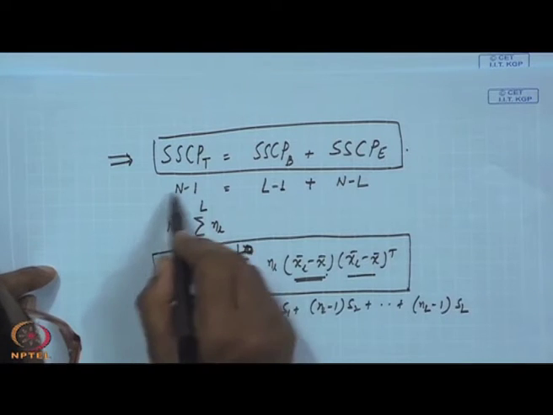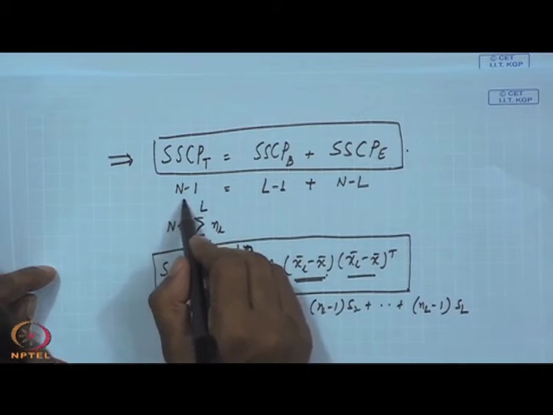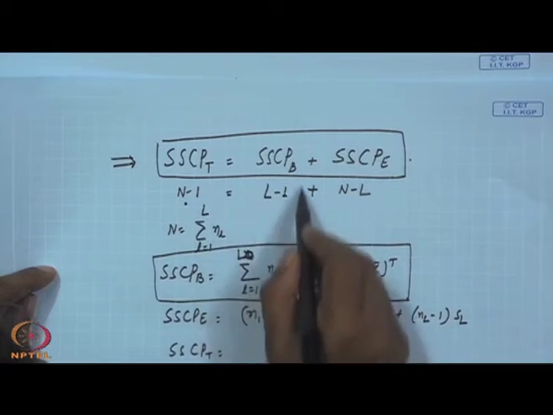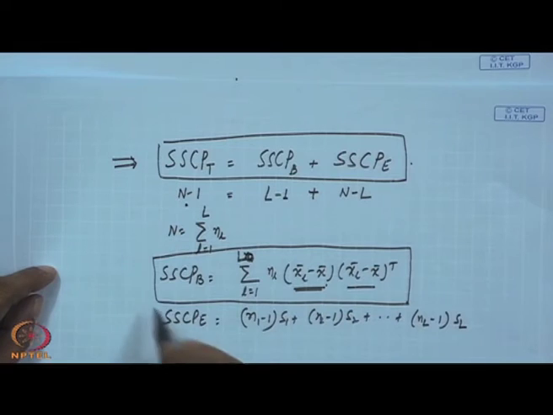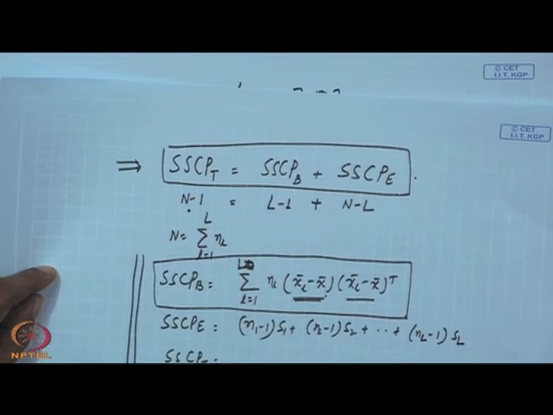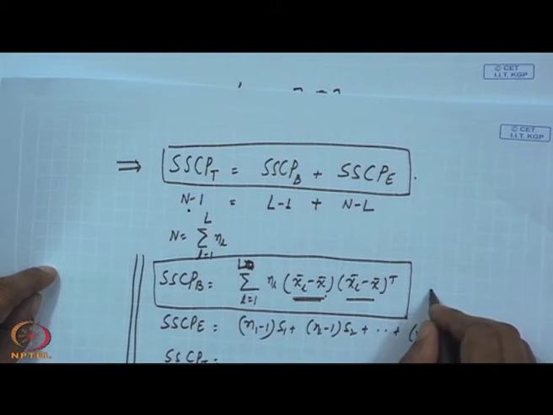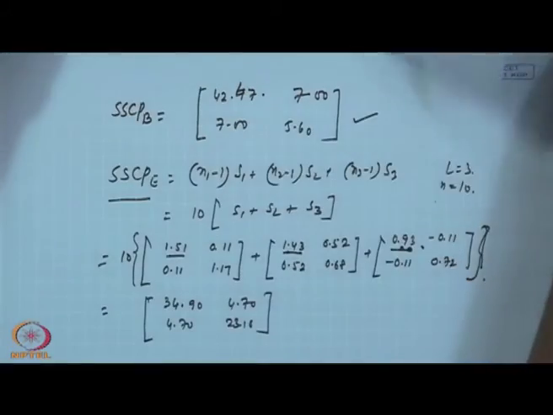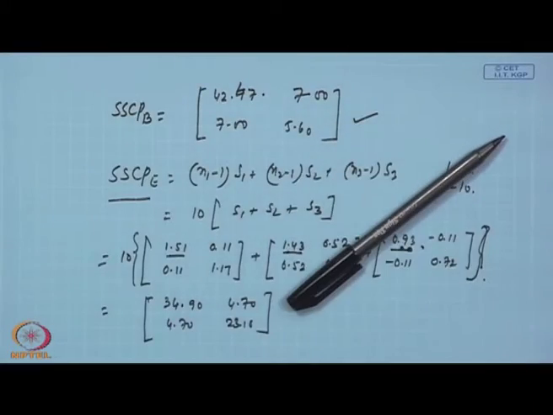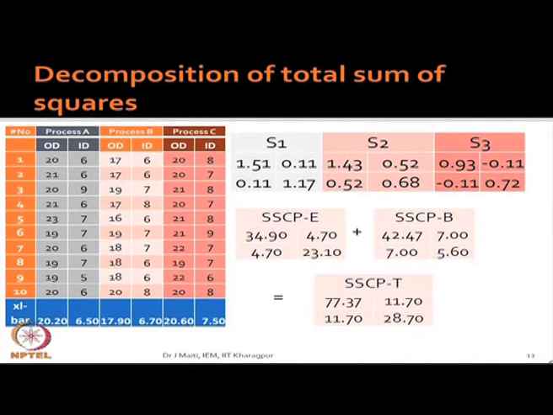We have also seen that the degrees of freedom are n minus 1 for SSCP total, L minus 1 for SSCP between, and n minus L for SSCP E, and these are the computational formulas for SSCP B and SSCP E. Then I gave you this problem: let us compute SSCP B and SSCP E for the given data set.